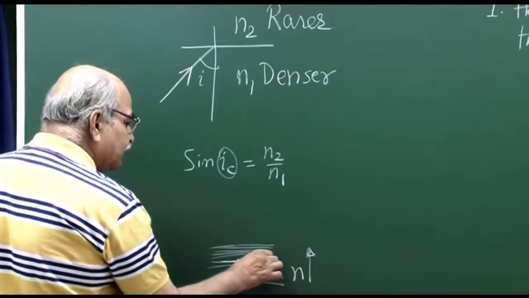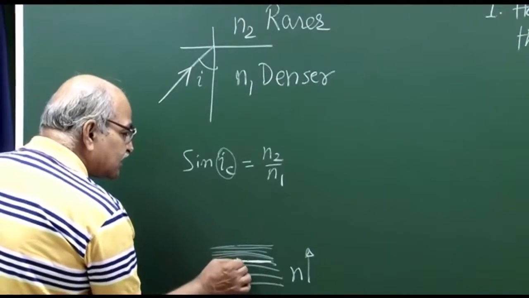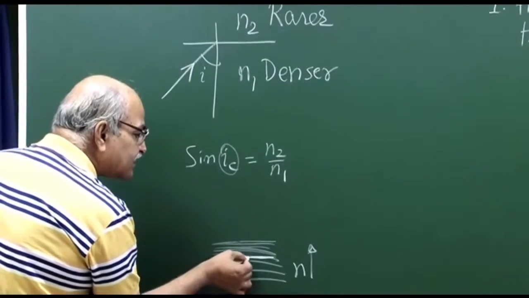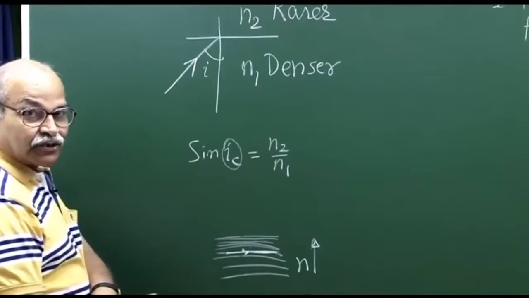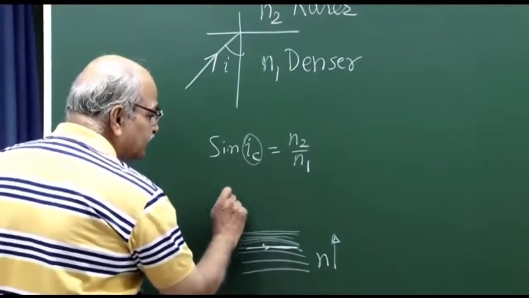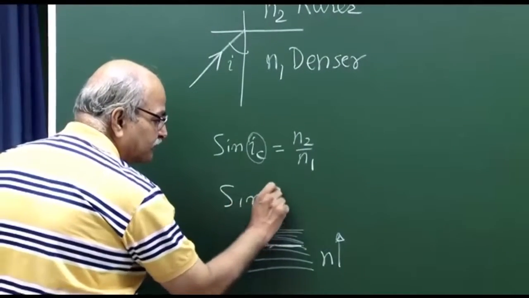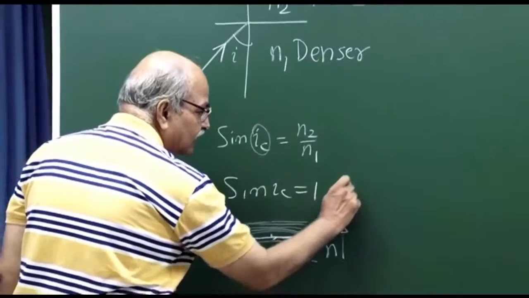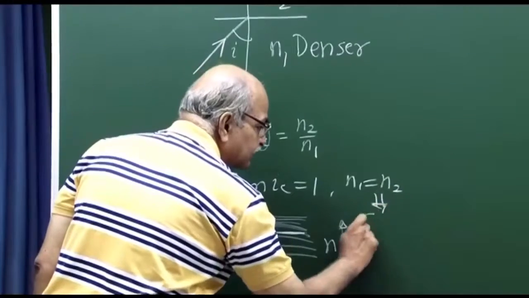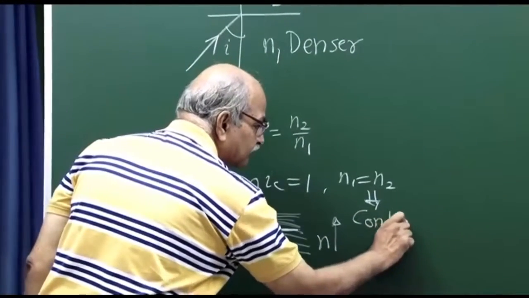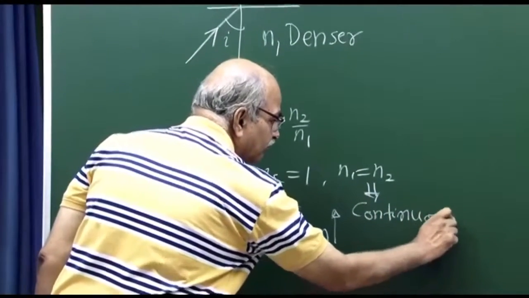So any layer if you take, just this side of the layer and just that side of the layer, N1 and N2 are same. So if they are same, then sine IC will become 1, if N1 is equal to N2, and this is because of continuous variation.